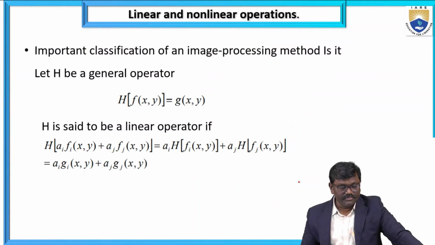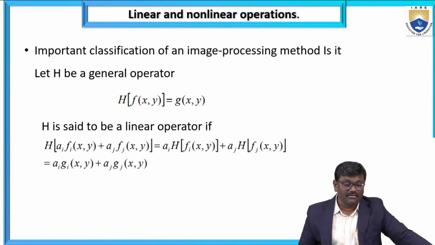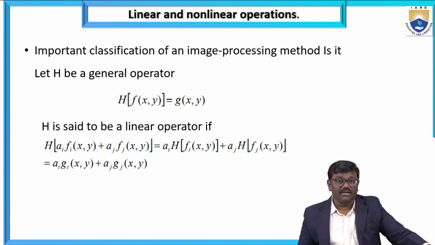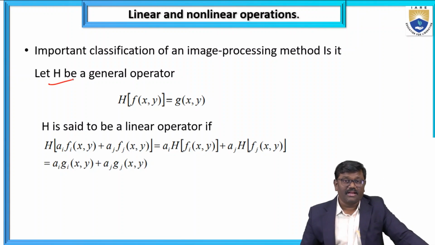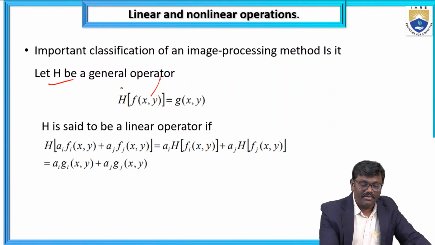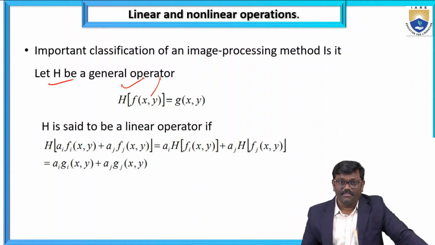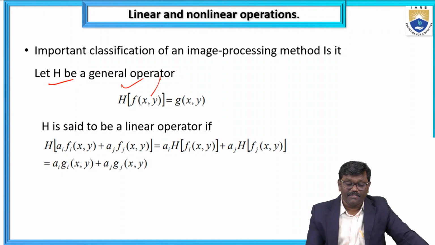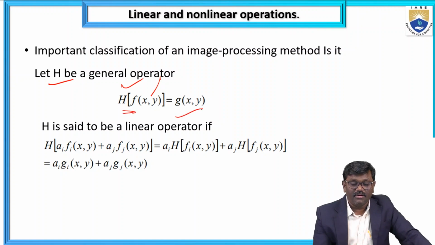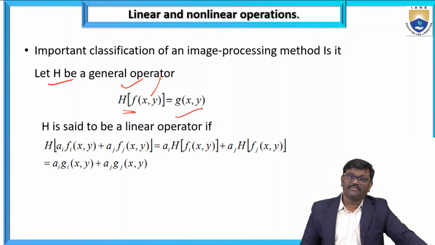So we can apply these linear and non-linear operations in image processing methods. Is it an H operation? H we can consider as a general operator. So we have f of x comma y, and h of f of x comma y, where h is the operator, and then we attain the non-linear values.